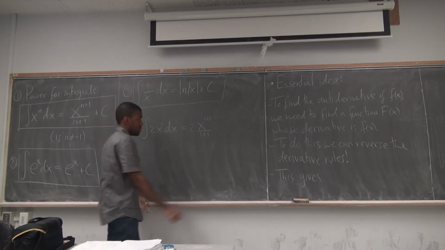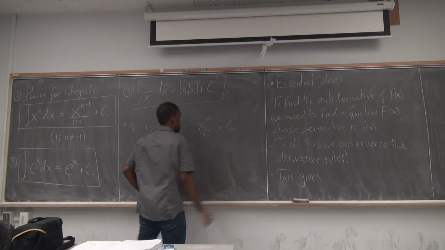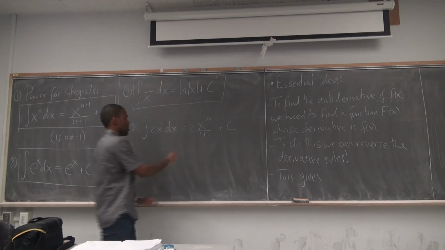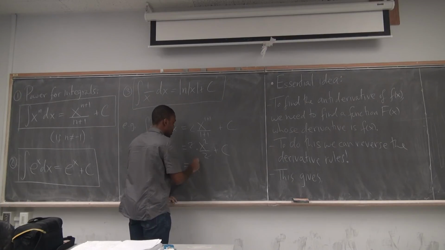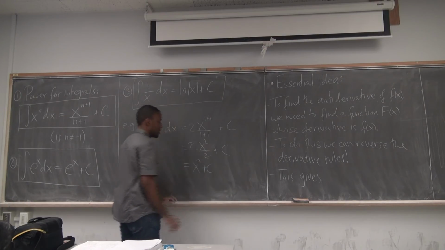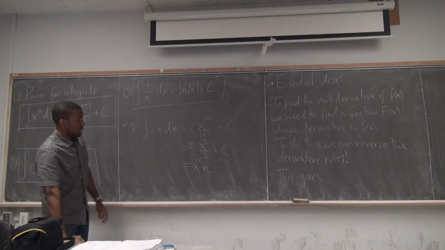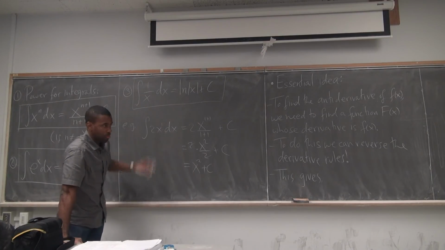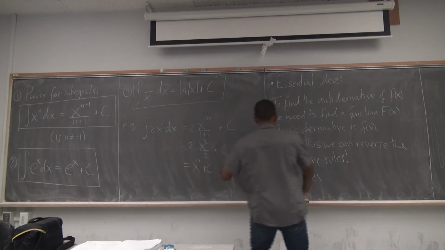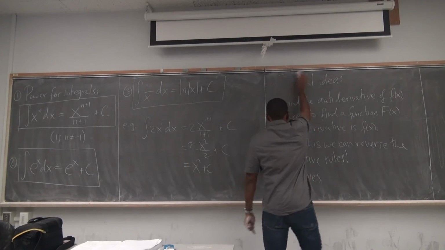I'll talk about these properties later. This guy becomes x squared over 2 times this 2. The 2's will cancel, and you will get x squared plus c. Now if I take the derivative of x squared, I actually get 2x, which is what should happen.